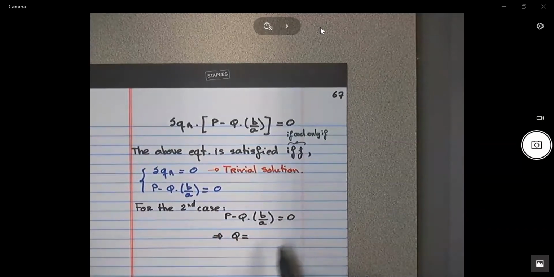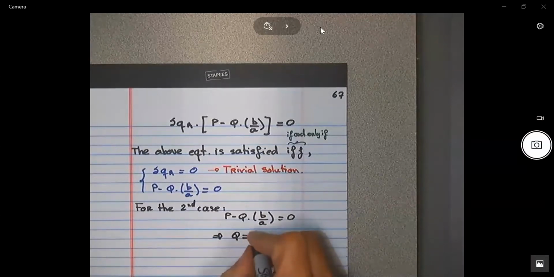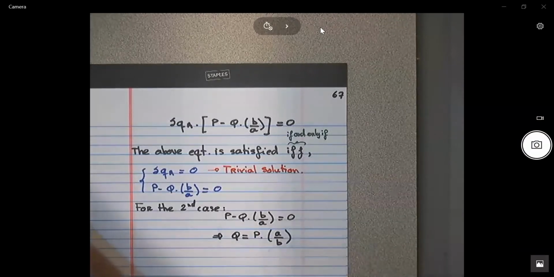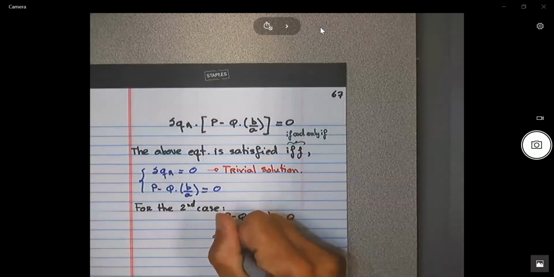If we use that equation, this will give you that Q should be equal to P times A over B.